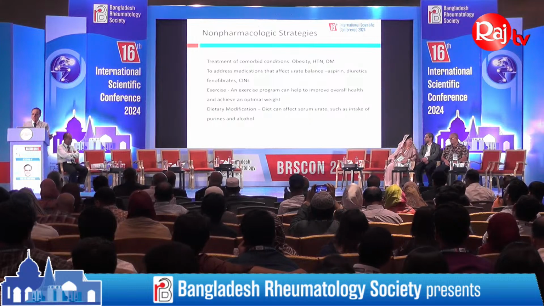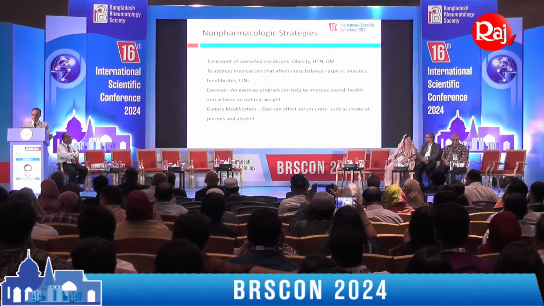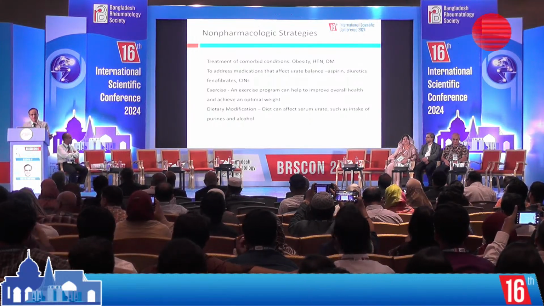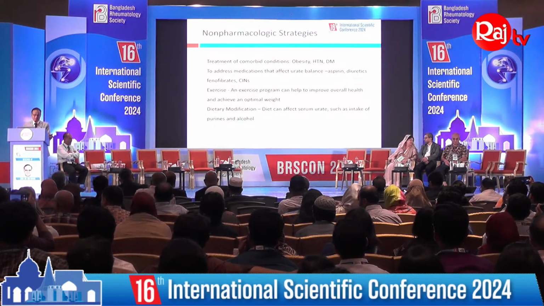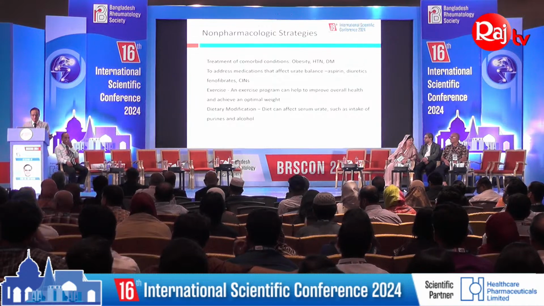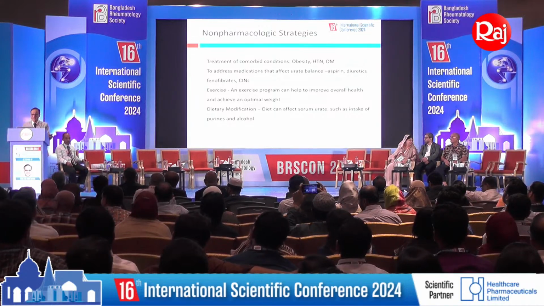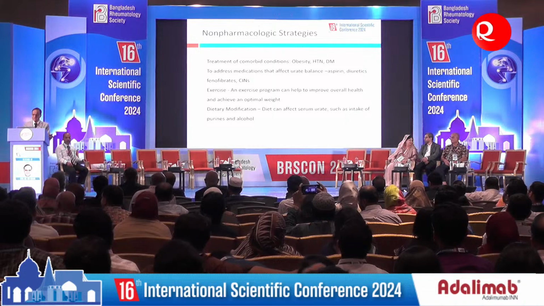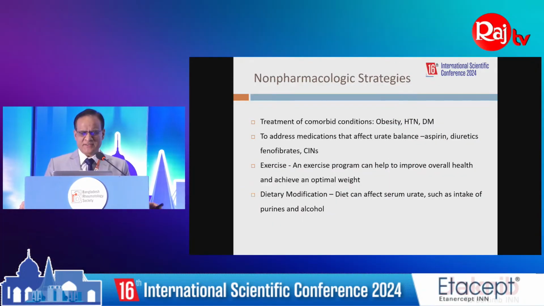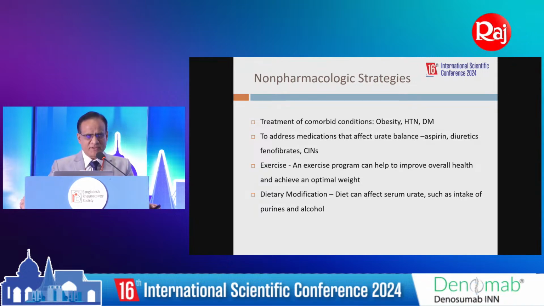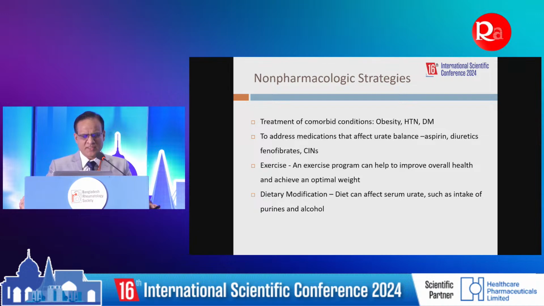Now, what are the non-pharm strategies? Treatment of comorbid conditions. The majority of our gout patients, especially elderly patients, have coexisting obesity, hypertension, diabetes, so we should address this. And another, to address the medications, aspirin, diuretics that may precipitate gout.